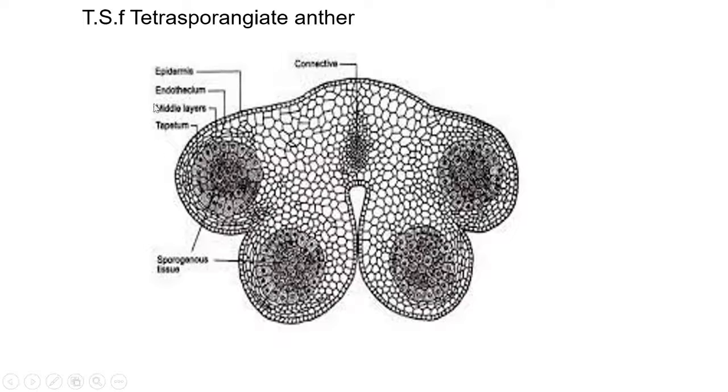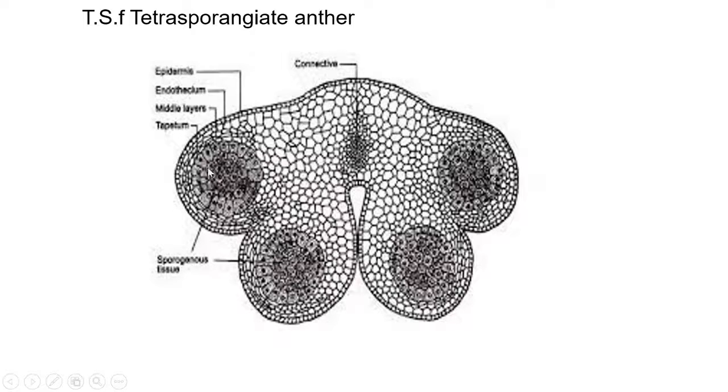Now, this is the diagram of the transverse section of a tetrasporangiate anther. This is the outermost layer. It is called epidermis. It is unilayered. It is followed by a single layered endothecium, and two to three layers of middle layers are there. And at the center, toward the periphery of the pollen mother cells, there is a nutritive region. It is called tapetum.